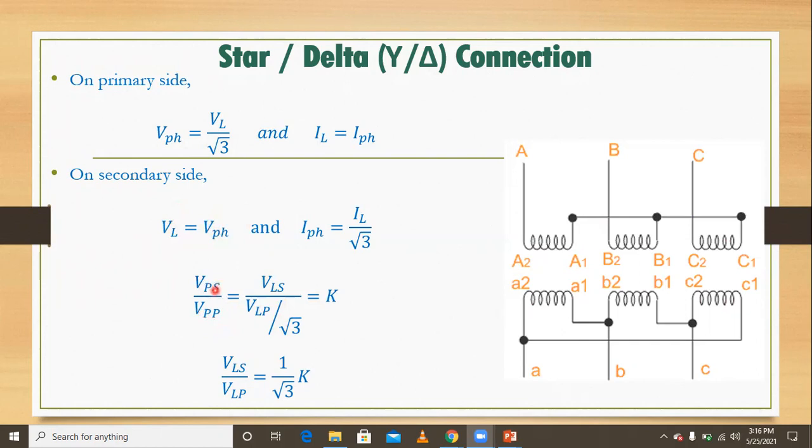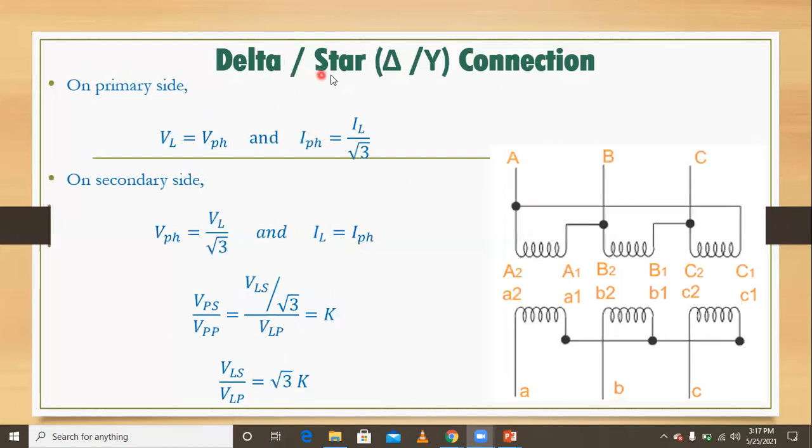So the secondary side phase voltage is nothing but VLS, the secondary line voltage, because of delta connection. Similarly, the primary phase voltage, because of the star connection, is VLP, the primary line voltage, divided by root 3. So VLS divided by VLP, the secondary line voltage divided by the primary line voltage, is K by root 3. So this is for star delta connection.